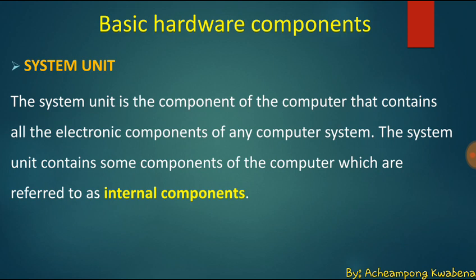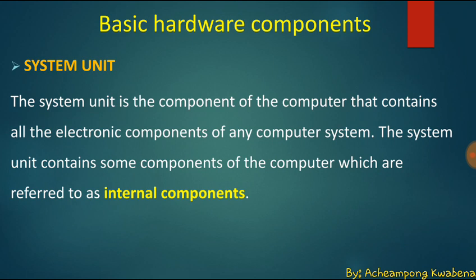As I explained earlier, internal components are found in the system unit, and the system unit houses all those components. If you want to turn on a computer, we normally press a button on a device, and that device is what we call the system unit. Without the system unit, you cannot turn on the computer.